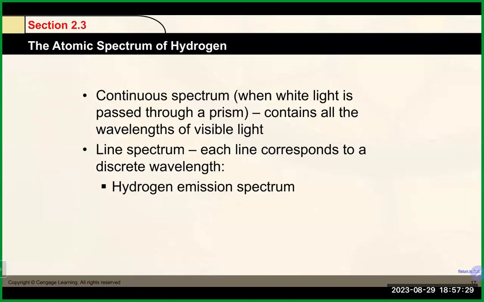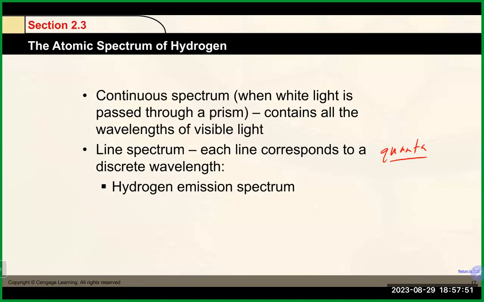When elements are heated or excited, they give off specific line spectrums. The real difference here is that this is more of a quanta of energy, because these electrons will only transition between certain energy levels and gain and lose energy in a certain way.